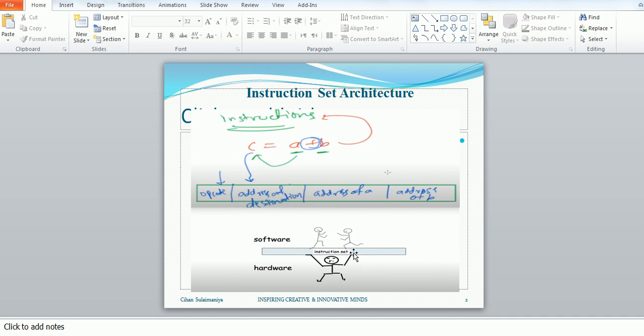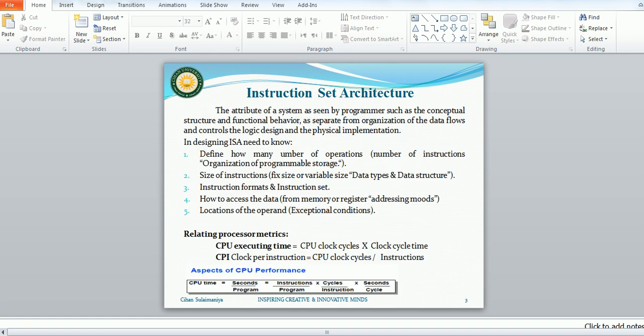So the instruction set is the link between this software, those two dancing people, and this hardware. That's the instruction set. Now, after I explained it in a simple way, let's go to the instruction set architecture's definition.